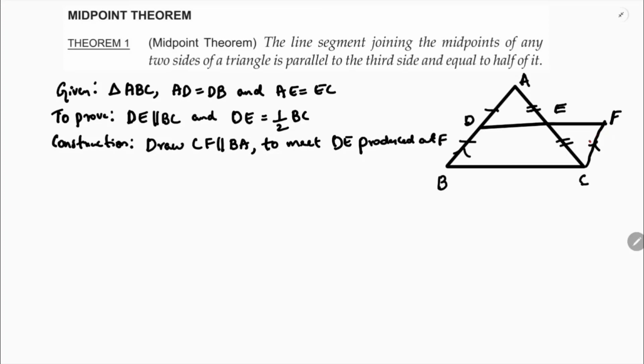Here AB is parallel to CF because of construction.